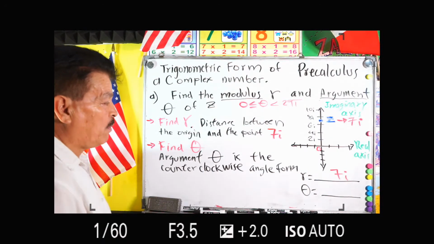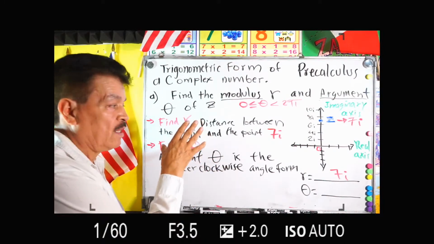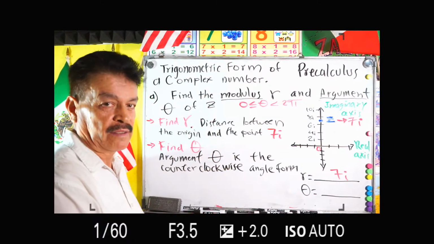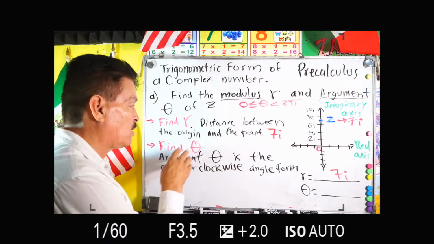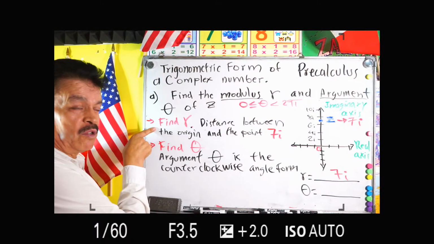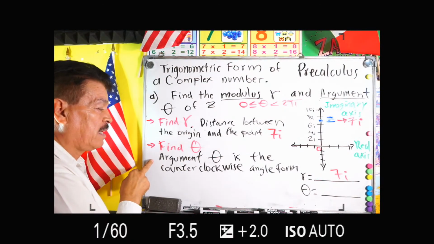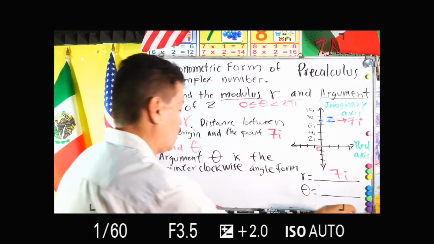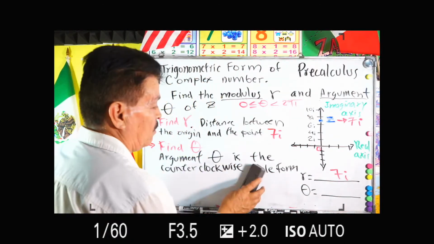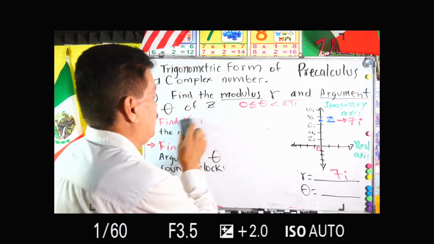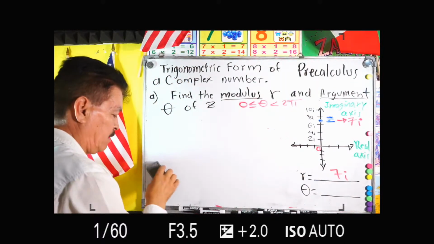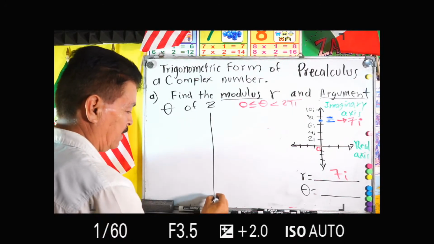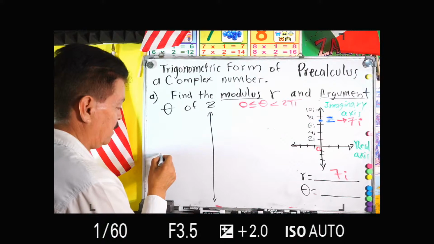So I will erase all this because I want to show you in the graph what I mean by counterclockwise. Keep in mind this 7i, and then how to find the angle. I mean the argument of the angle is counterclockwise. Let me show you how this works. If you have a graph like this, I'm going to make my graph in this little space.